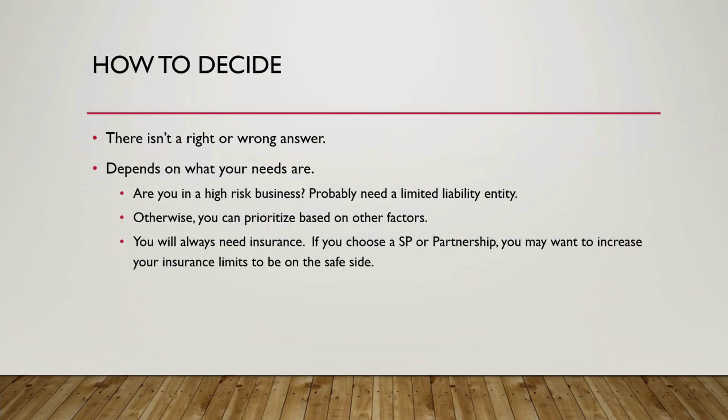And how to decide what's right for you. There's really not much of a right or wrong answer. I hedged a little bit on saying that because there are some pretty good clues. It depends on what your needs are. And if you are in a high-risk business, I, without exception, will recommend some sort of legal or limited liability entity as your selection, whether it's a C Corp, S Corp, or limited liability company.